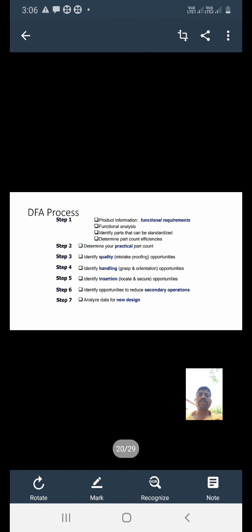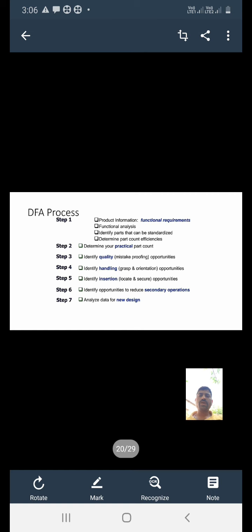Next, identify the parts that can be standardized. Those parts should be standardized. Determine the part count efficiency. Is it having good efficiency or is the part having a large number of counts? This comes under step 1.